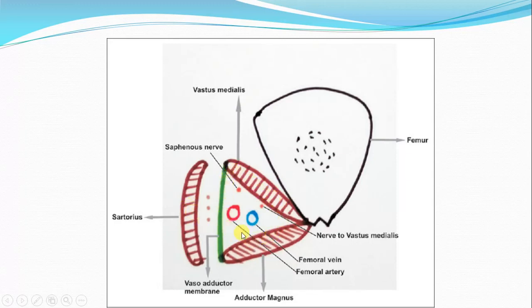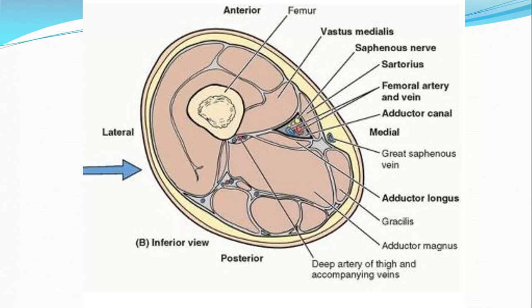You may have noted this point or not, but here the point is present. What we see in this diagram is that the vastus medialis is actually forming the boundary which is anterolateral, not the medial one. The medial one is the sartorius.